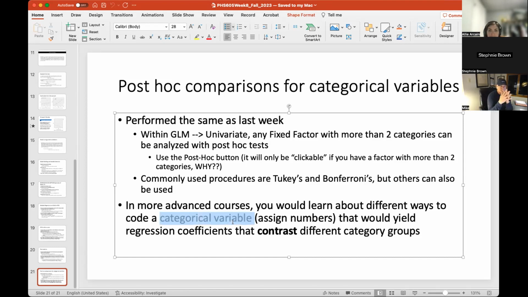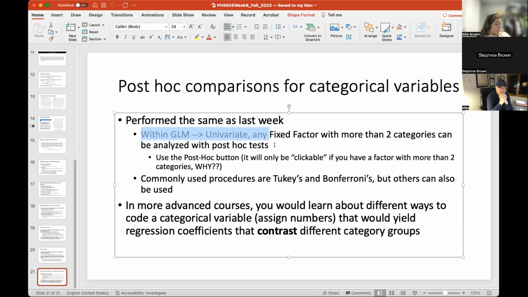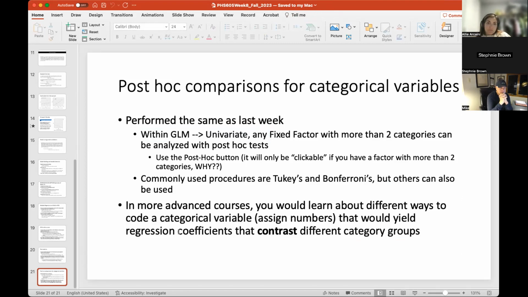You can also use different numerical schemes and use the regular regression to test different comparisons if you want to, but we're not going to do any of that. We're going to stay with GLM univariate this week and just build on the last 2 weeks.